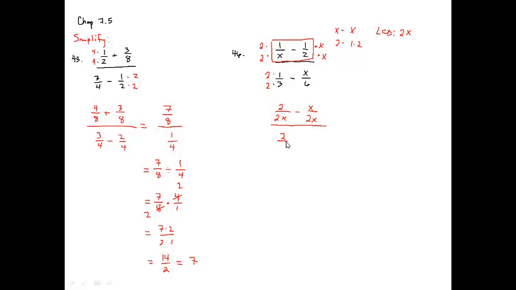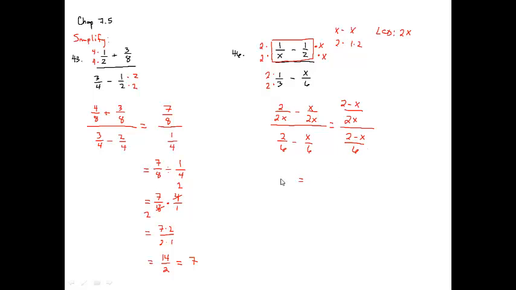So it becomes 2 over 6 minus x over 6. Now, let's go ahead and subtract the numerator. So 2 divided by 2x minus x divided by 2x. Well, you subtract the top, so 2 minus x, and you leave the denominator alone, over 2x. All divided by, same thing, 2 minus x over 6.